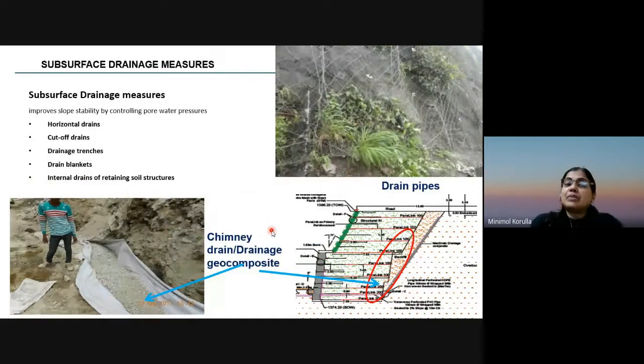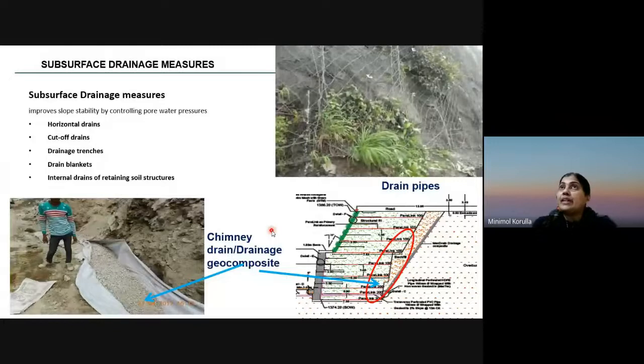Now, coming to subsurface drainage measures, there are different types like horizontal drains, cut-off drains, and drainage trenches.